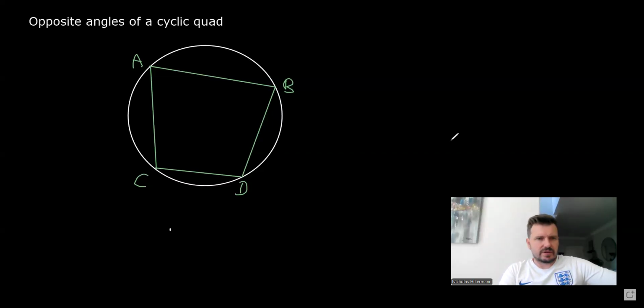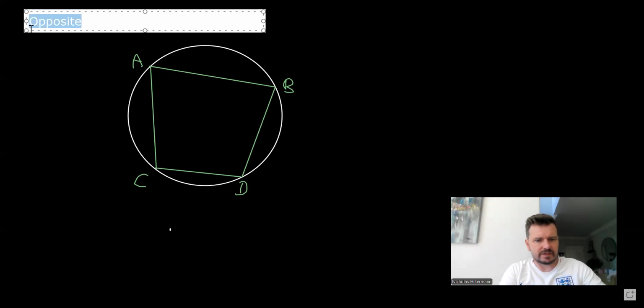Okay, so the next one is very similar to the opposite angles of a cyclic quad. This one is called the exterior angle of a cyclic quad. Now there is an important difference, and that is, obviously this changes to exterior.